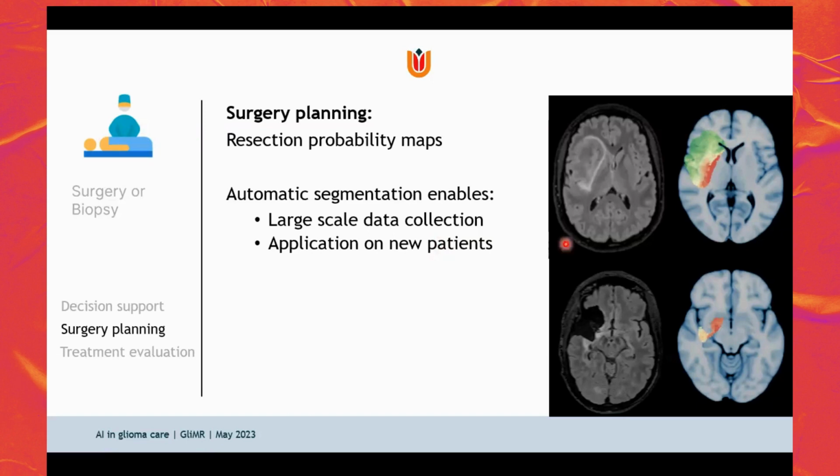So what you see here is a resection probability map projected on the tumor of a new patient, where in red you see the areas that are most likely to be left behind as residue in patients with a similar tumor, and in green are the areas that are more commonly resected. And again, this can aid the surgeon in checking whether his decision on where to stop corresponds to the average.